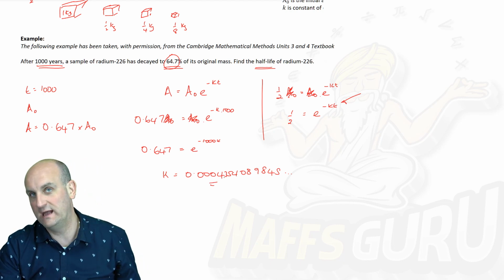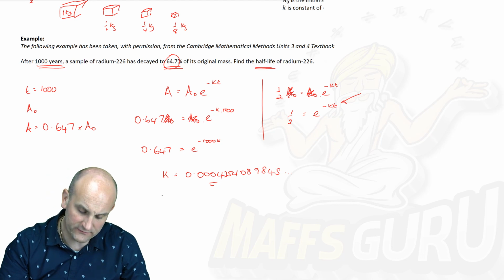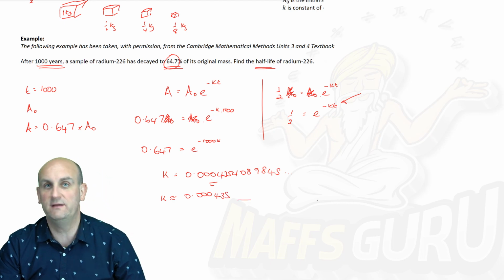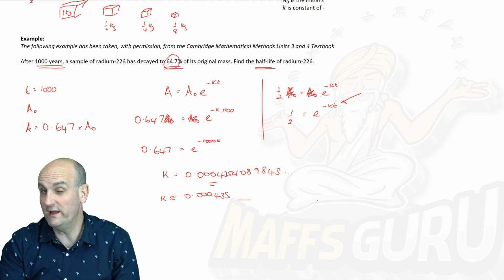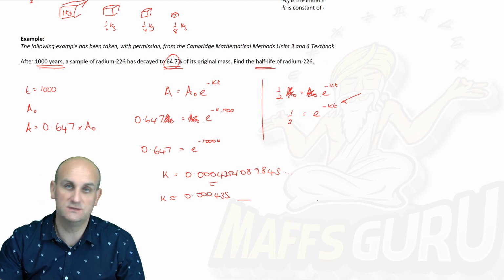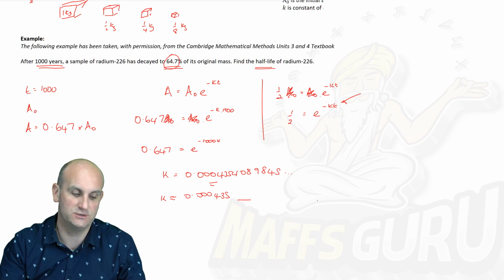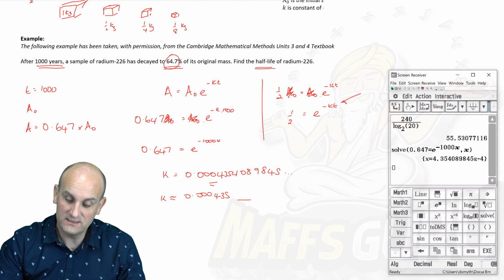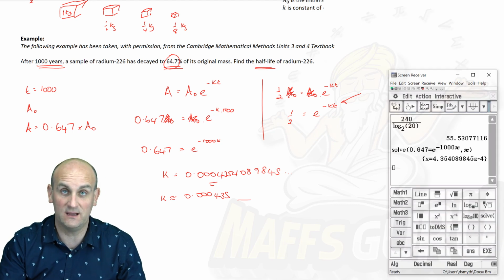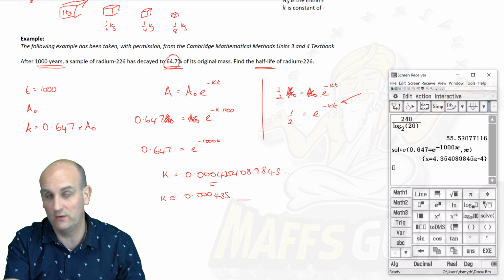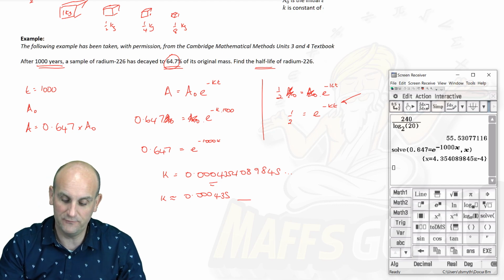Knowing that's my value of k, I could say k is approximately 0.000435 and ignore the rest. You can write that down, but my advice is don't use your rounded value in any question. Your calculator is clever enough to remember that. On this calculator, you can highlight it, drag it down, and it'll remember that value for you.